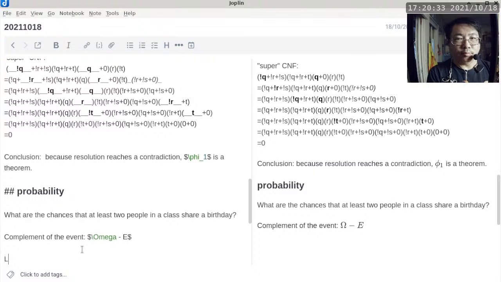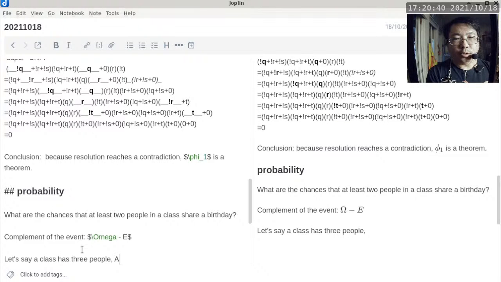We'll make an assumption: let's say a class has three people, person A, person B, and person C. And we want to find out how many ways can we assign unique birthdays to A, B, and C, because the question is whether ordering is important or not.